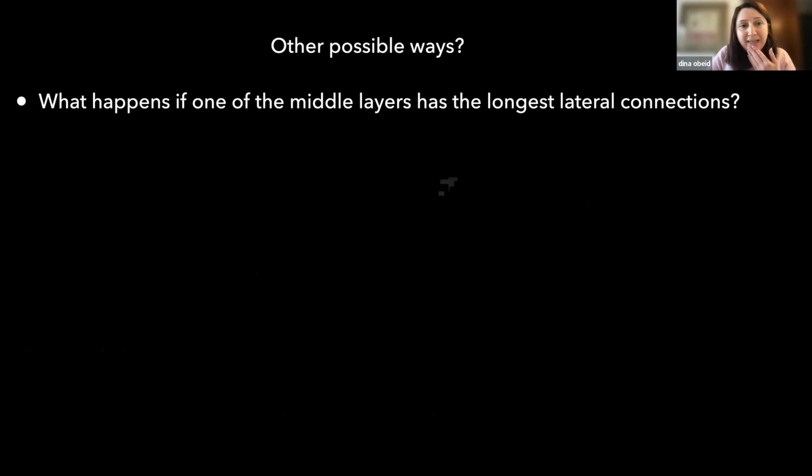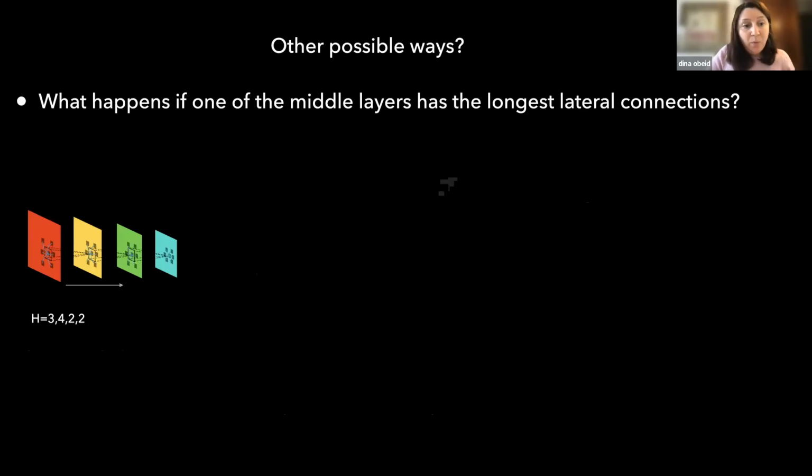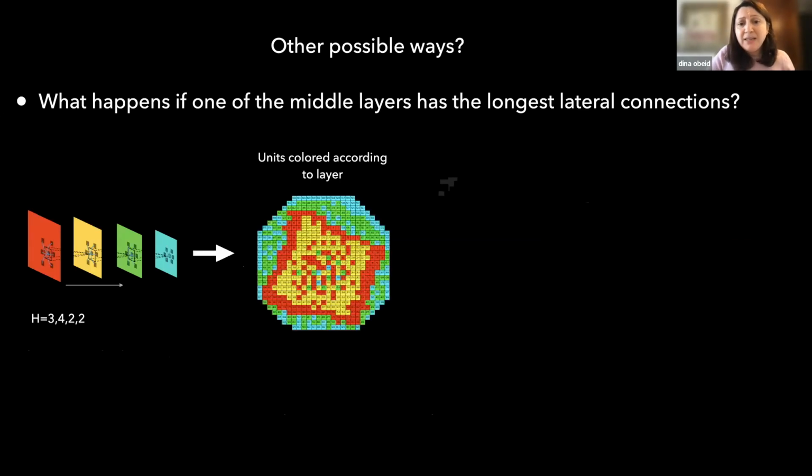other possible ways, for example: what happens if I make the middle layer the one with the longest lateral connections? Well, if I do this, now I'm putting a lot of cost on the second layer, the middle of this. What I call the middle is the yellow layer, the second layer. Now, it cannot wrap around, right? There is a higher cost.